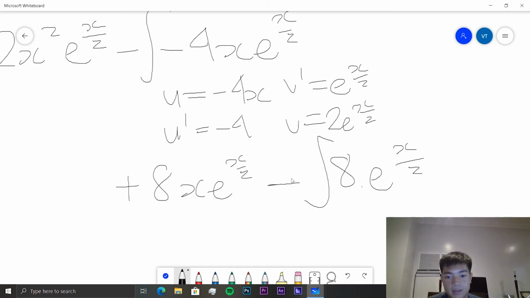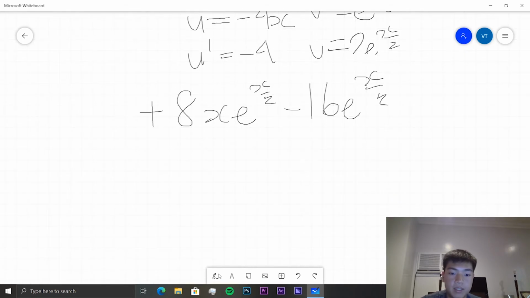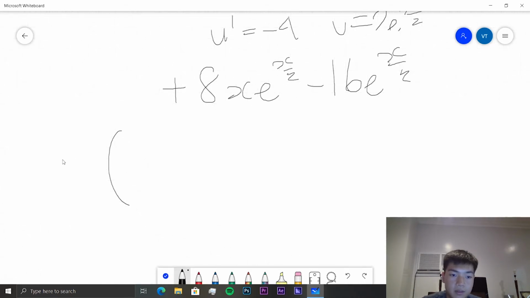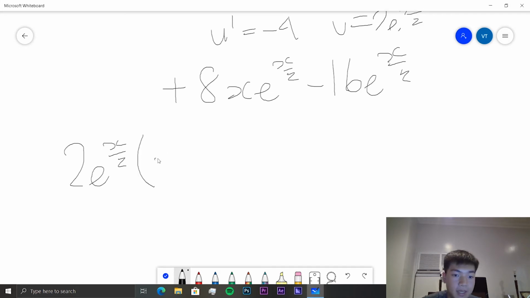Which is simply equal to, we add this. Plus minus, so we do have a minus 16e to the x over 2. So this should finally equal 2 times 2e to the x over 2 times x squared plus minus 4x plus 8.